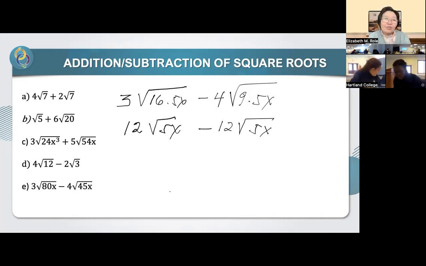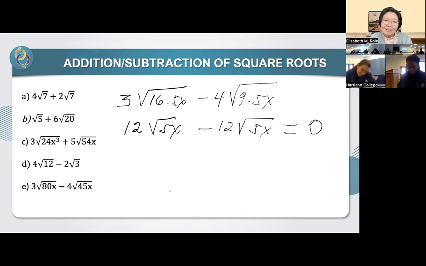What is 12 minus 12? 0. Times the square root of 5x. What is it when you multiply anything by 0? 0. So what's your answer? Is it square root of 5x? No, it's 0. Oh, yeah, it's 0.